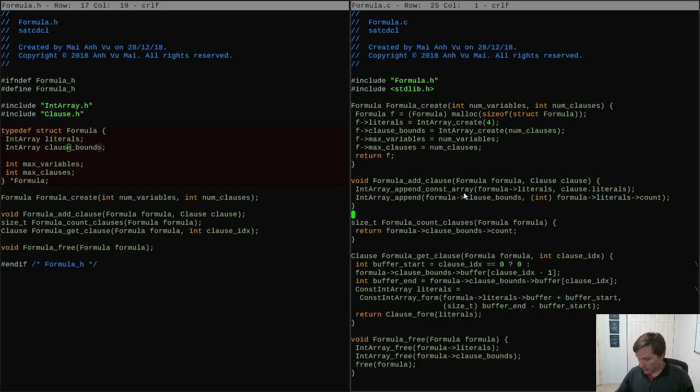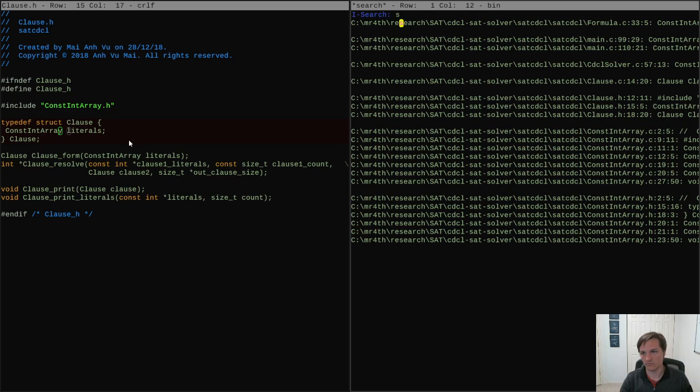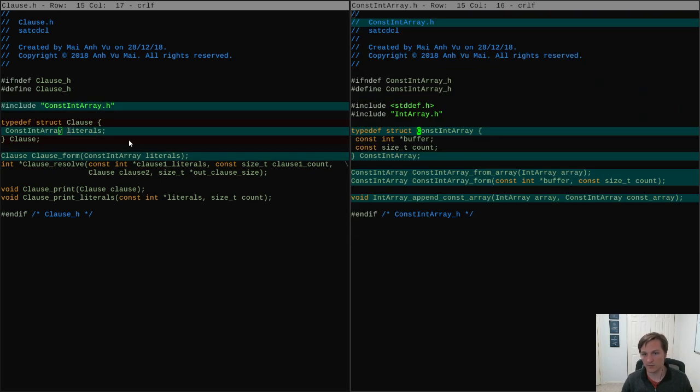You see here, we're appending onto the back of an array another array of literals. So if we go and look at what the clause is, here we have an array of integers. I guess they have a const version of that, so this array probably doesn't need the ability to be appended to. It's just a bank of integers in a buffer. Is that the idea? The non-mutable version.